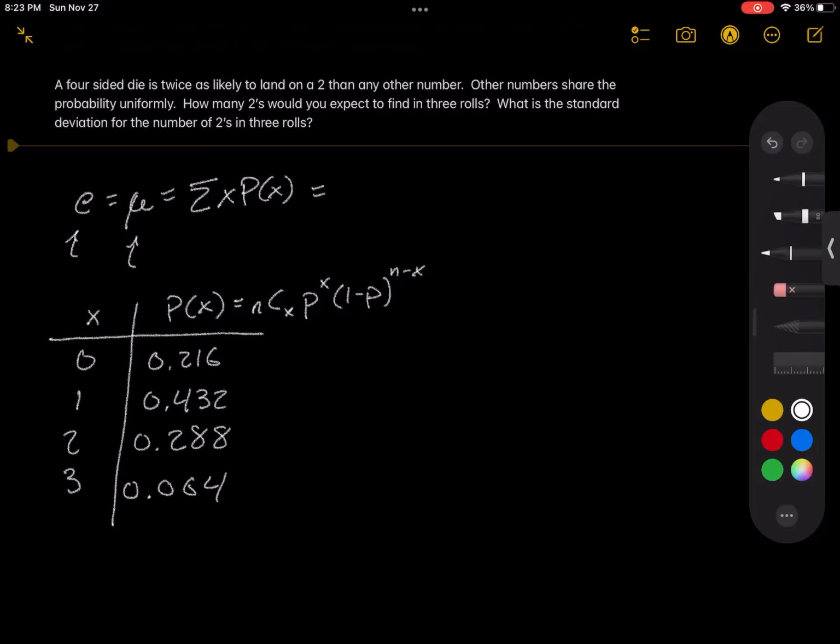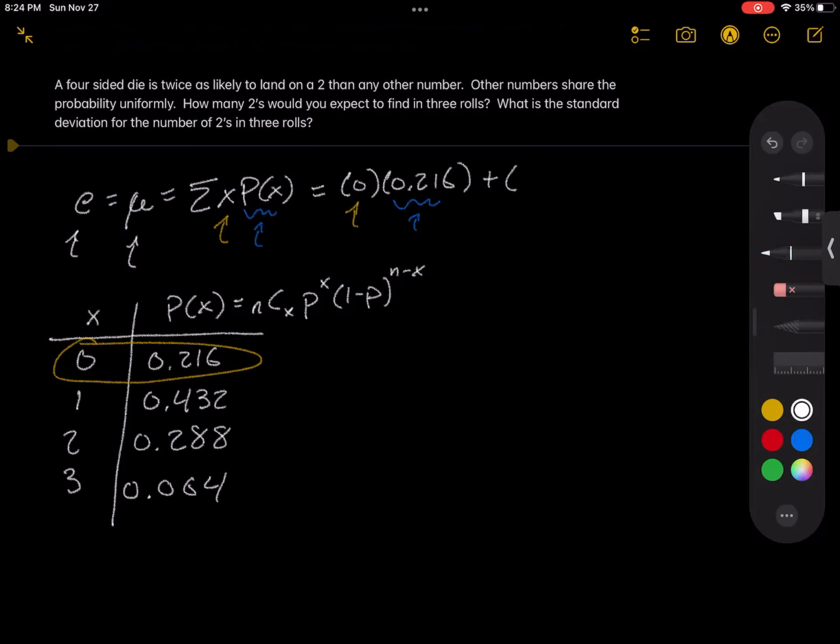So your expected value of the number of twos is going to be the sum of all the events possible multiplied by the probabilities. So you could have 0 twos, and the probability of having 0 twos is 0.216. Right? That's the event, and this is the probability of that event.